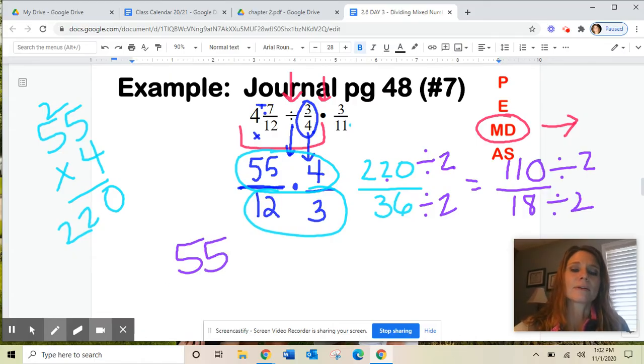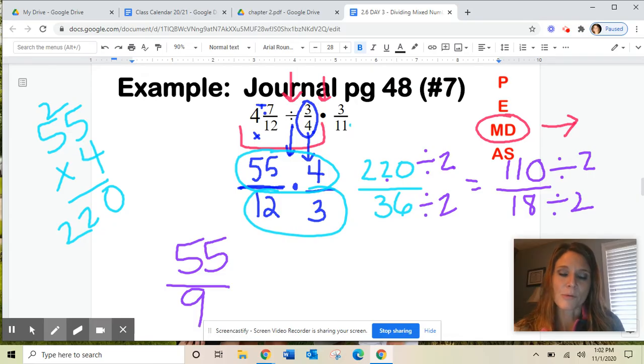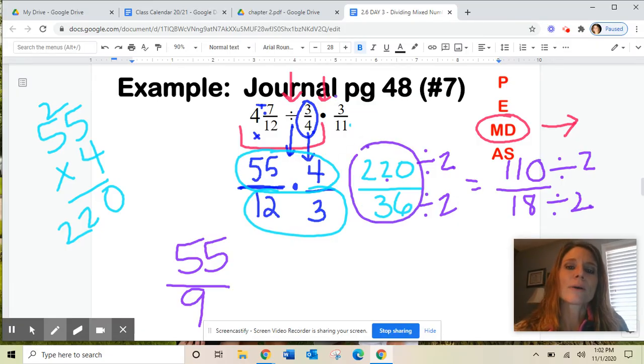And 18 divided by 2 gives me a 9. So I'm going to leave it at this improper stage. I wanted my numbers to be a little bit smaller because these numbers honestly were quite big and a little bit scary. So now I'm ready to work on my next problem.